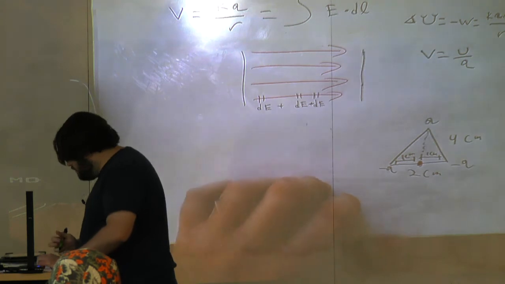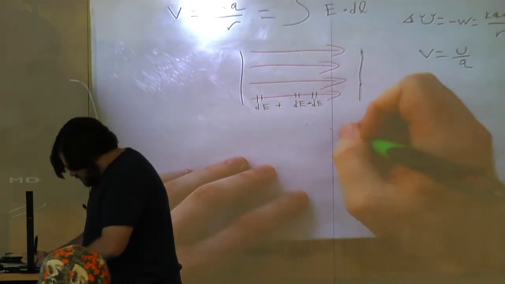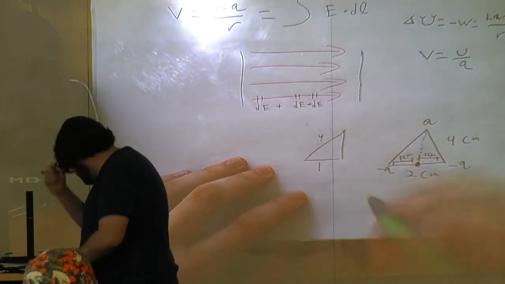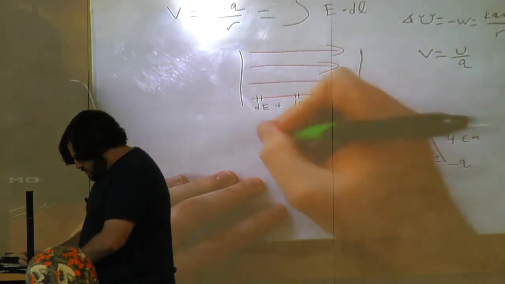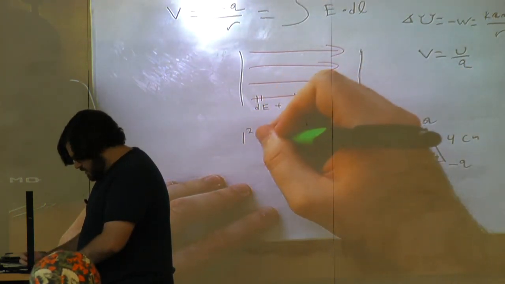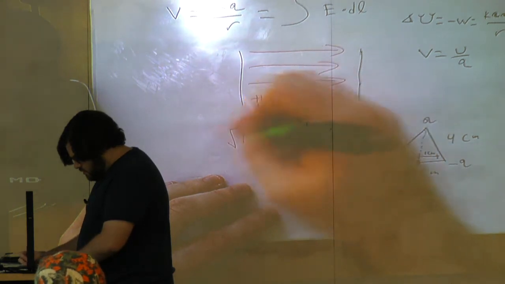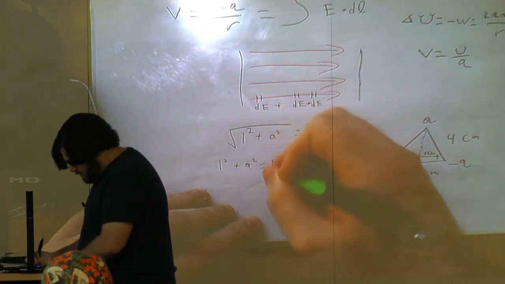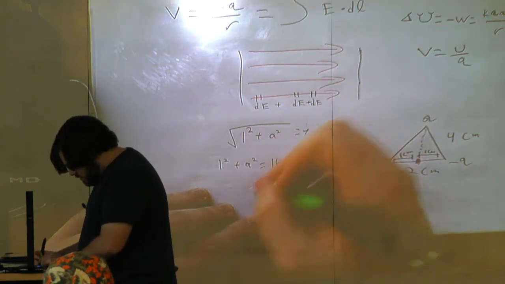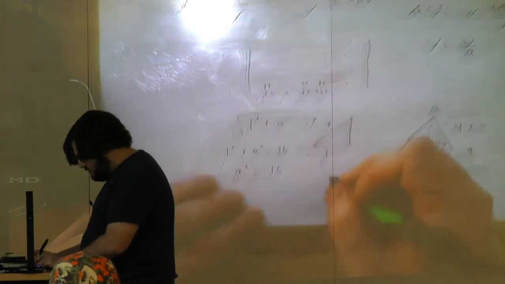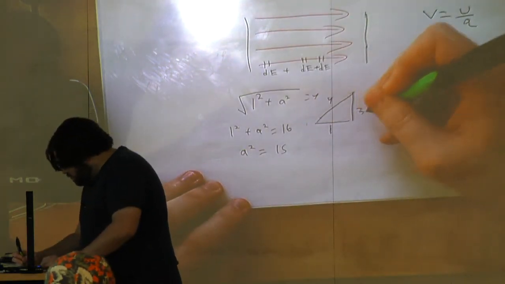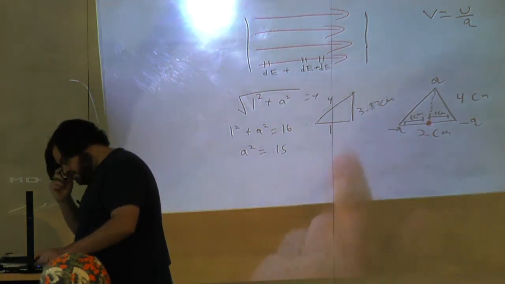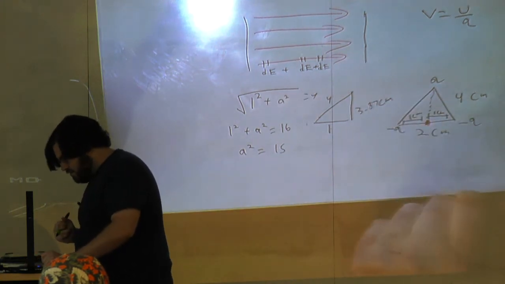So if I have a triangle with sides 4, 1, I know that 1 squared plus something squared equals 4 squared. 1 squared plus a squared equals 16. A squared equals 15. So a is roughly 3.87 centimeters.